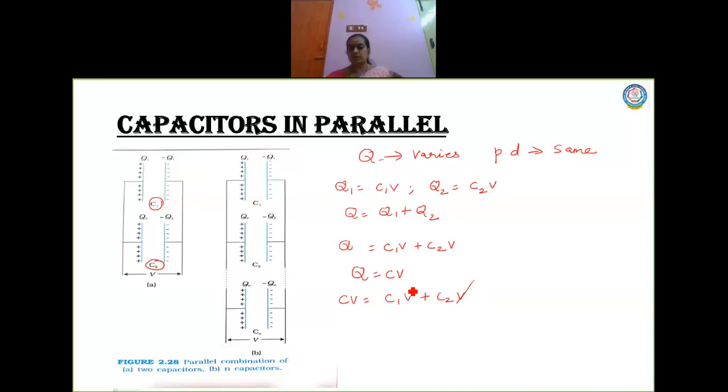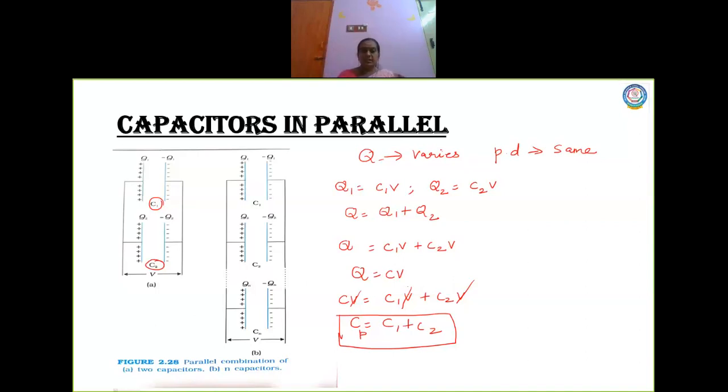The potential V remains the same, so it cancels. So C is equal to C1 plus C2, which is the effective capacitance of capacitors connected in parallel. This applies to n number of capacitors.